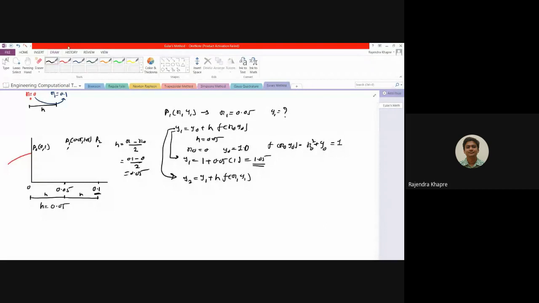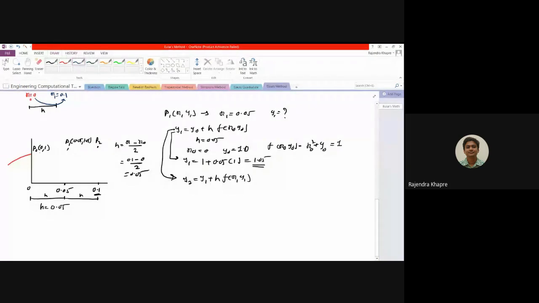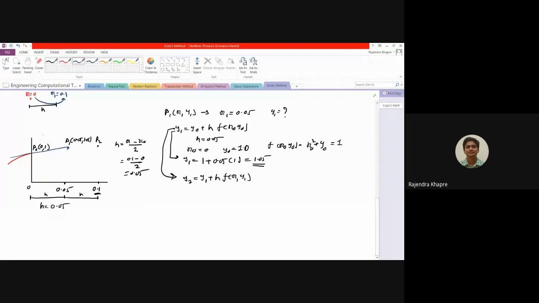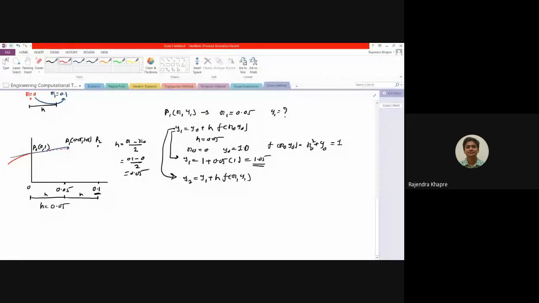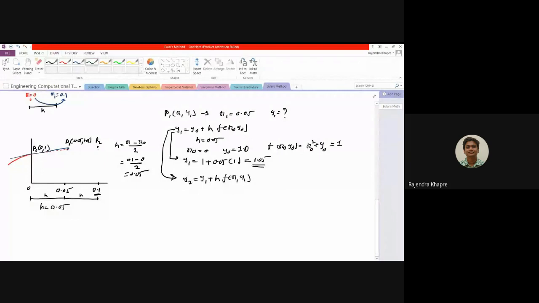So basically what we are doing here is drawing a tangent at this point, and we reach this point. We are assuming that this curve goes up to this point, and then at this point again we draw another tangent. So this tangent will be something like this.